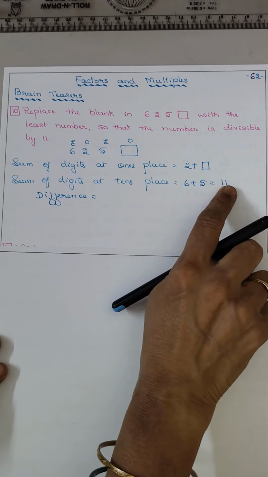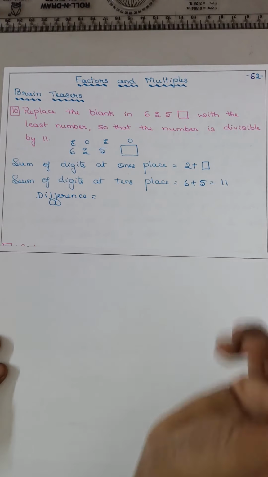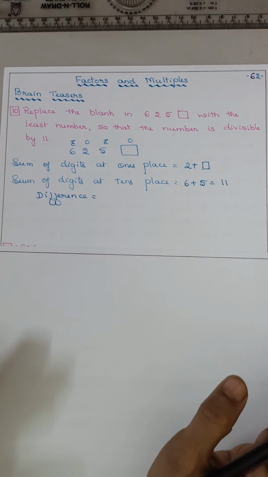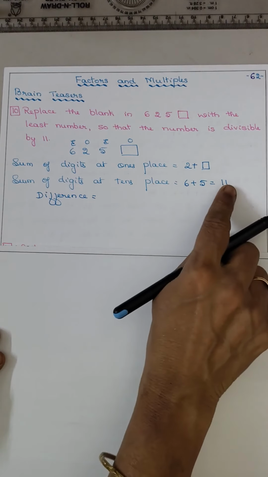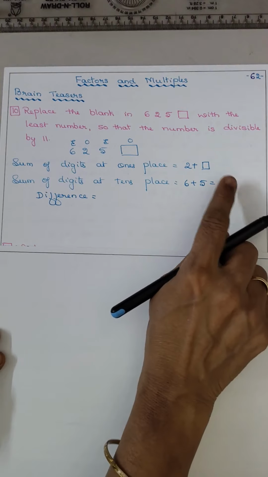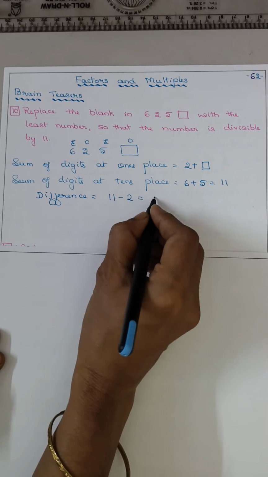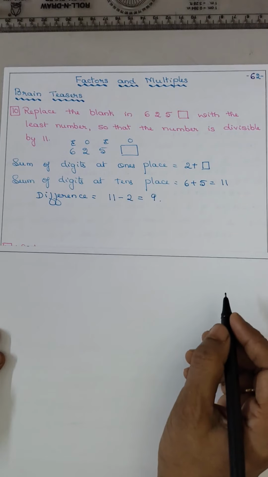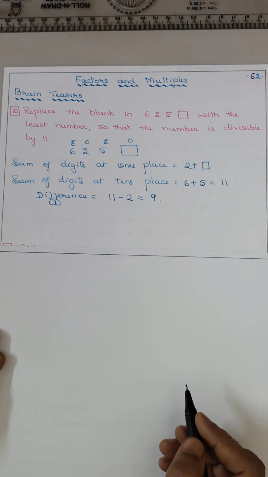See, 11 minus 11 should be 0, isn't it? So you don't know here how much it should be. You have to get the difference as 0. So just what you do, 11 minus 2 is equal to 9. So here it will be 9.